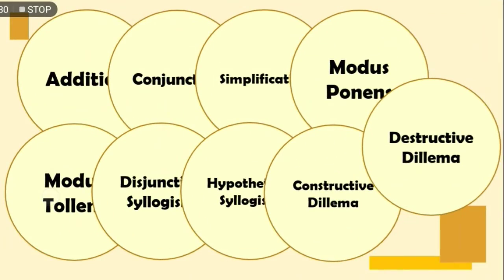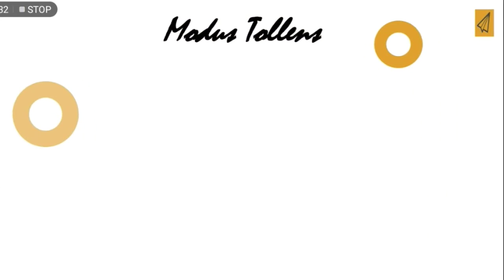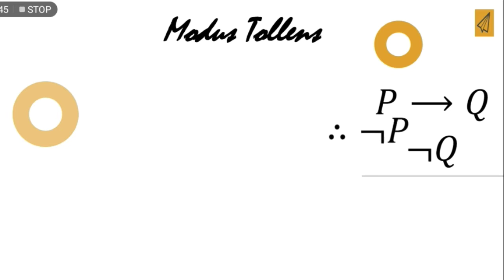The next is the modus tollens. If P then Q and the negation of Q are our premises, we can derive the negation of P with the use of this rule.